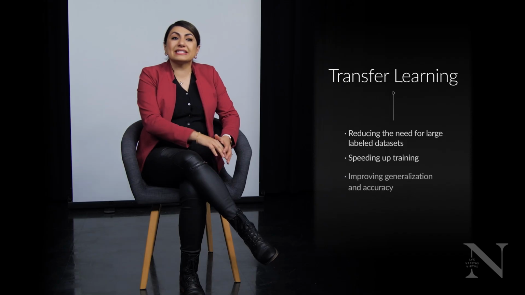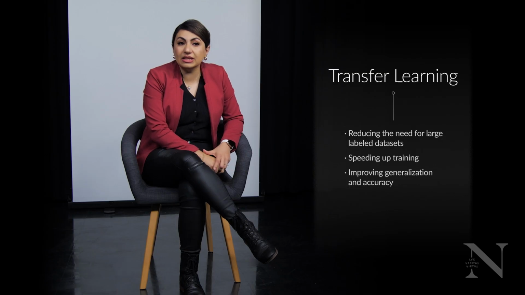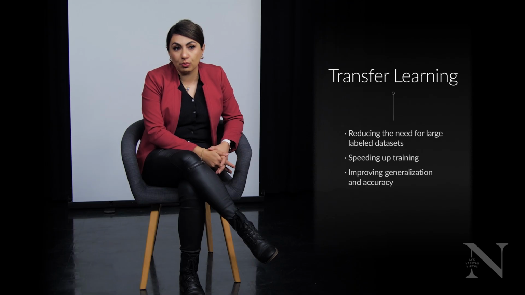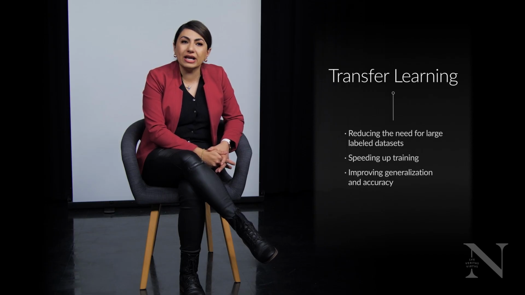Third, generalization and accuracy. Deep neural networks trained on large-scale datasets, such as ImageNet and JFT-300M, learn generalizable feature hierarchies. Fine-tuning such models on smaller datasets preserves useful features while adapting to task-specific nuances, leading to higher accuracy.